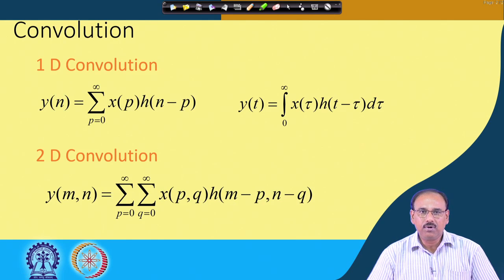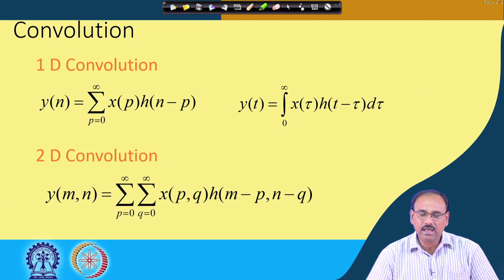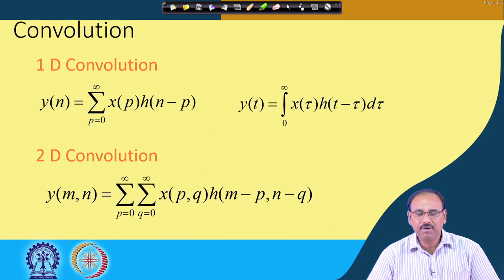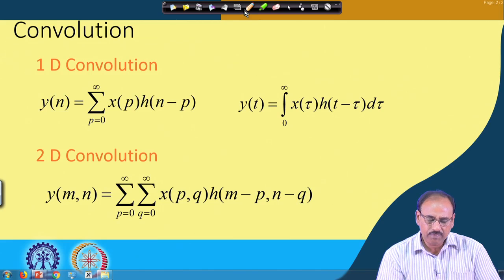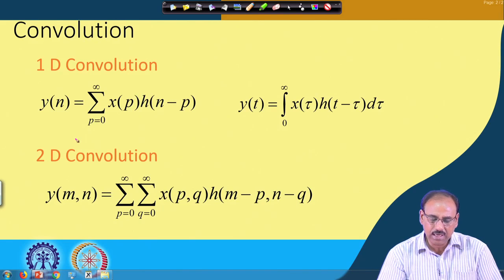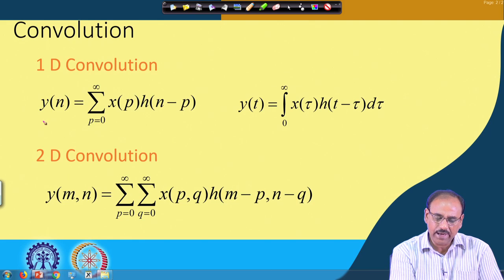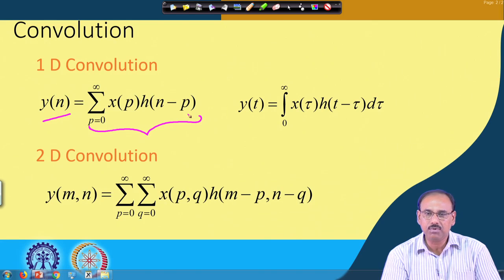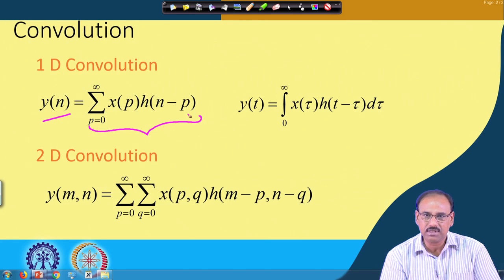As we have seen before, in one dimensional convolution, if you are given an input signal x in the form of a sequence of samples at regular intervals of time, and if h is the impulse response of the system, then the output of the system for the given input x is given by y, where y[n] is given by this particular expression, the convolution of the input signal x with the impulse response of the system.